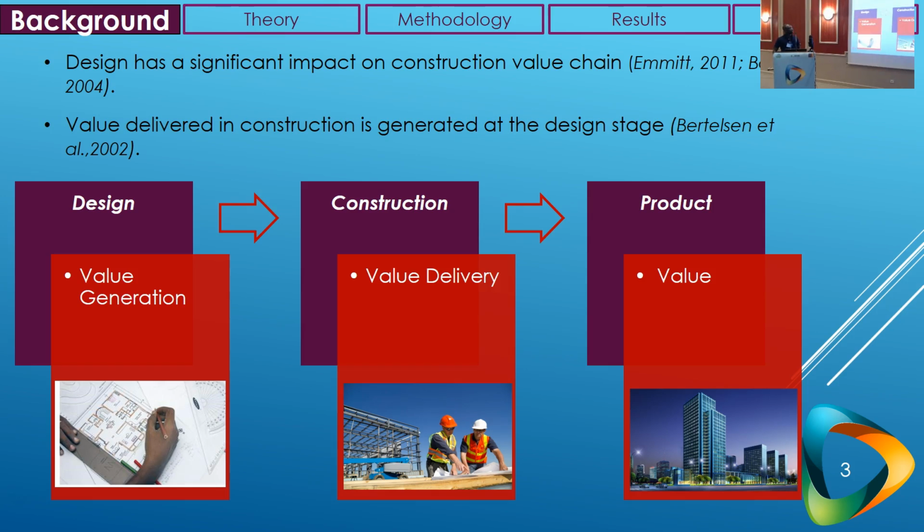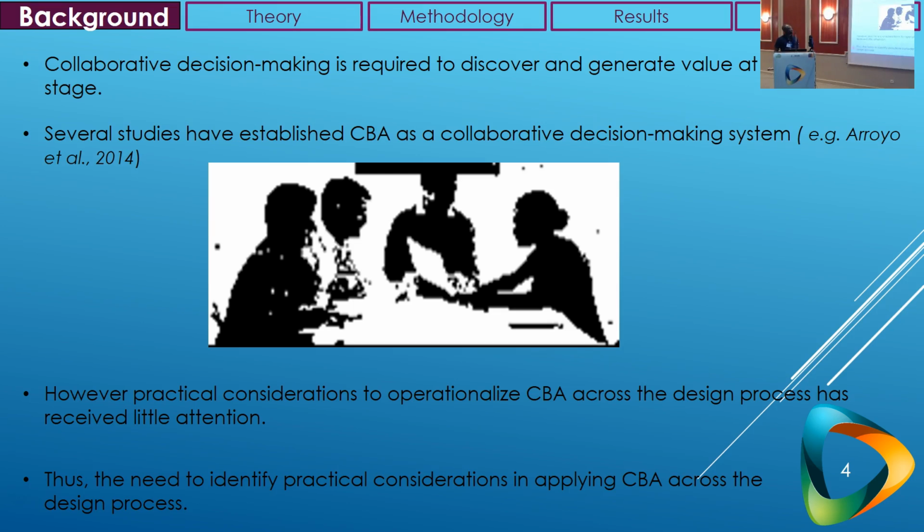Undoubtedly, design has some impact as far as the value delivery chain of construction is concerned. And it has been established that value delivered in construction is generated at design stage. And for that matter, to have value generated in design, we need to explore collaborative decision making.